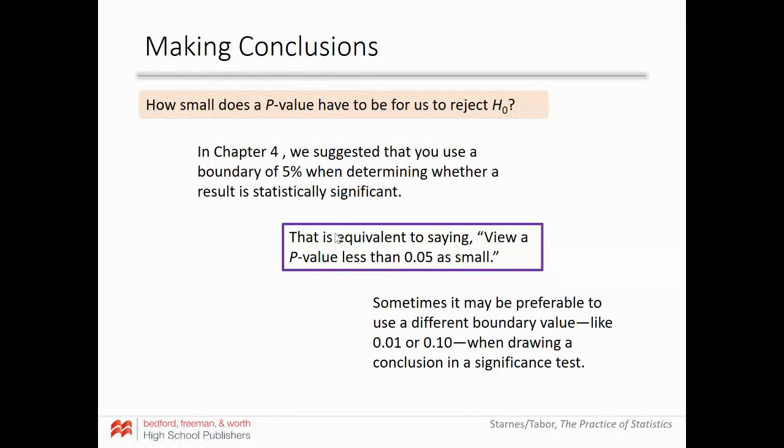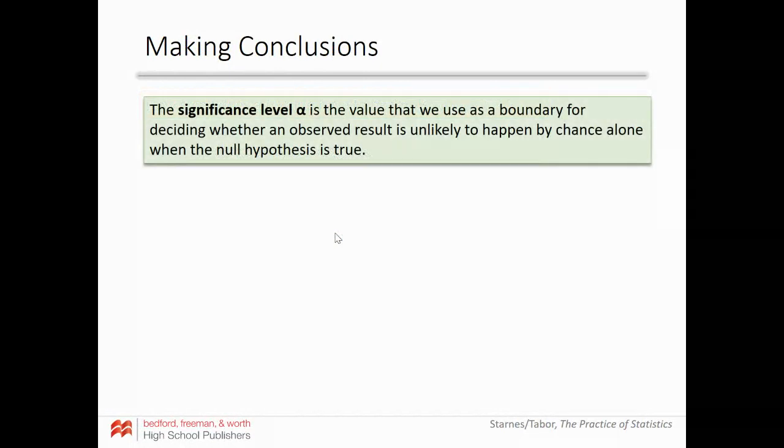It depends on where you are going and how you're going to draw your conclusion. That 0.05 or 0.1 or 0.01 is our significance level, and we call it alpha. It is the value that we use as a boundary for deciding whether an observed result is unlikely to happen by chance alone when the null hypothesis is true.